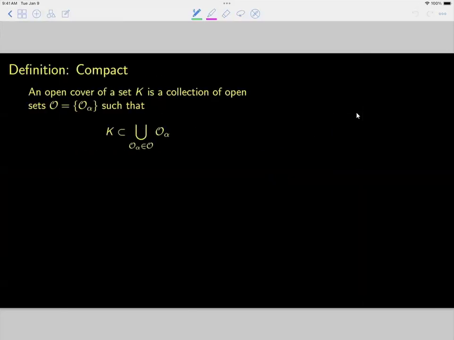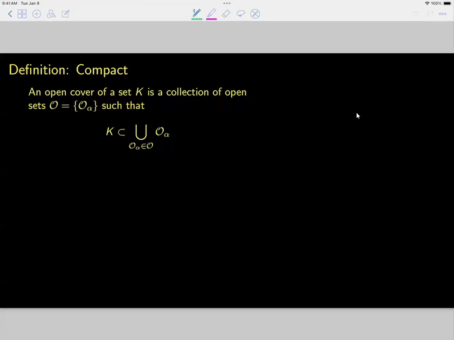So before we can define what we mean by a compact set, we first need to define something called an open cover. So an open cover of a set K is a collection of open sets. We're calling the collection of sets, or the set of sets, capital O. The sets that are in this collection, we're going to call the O sub alphas.